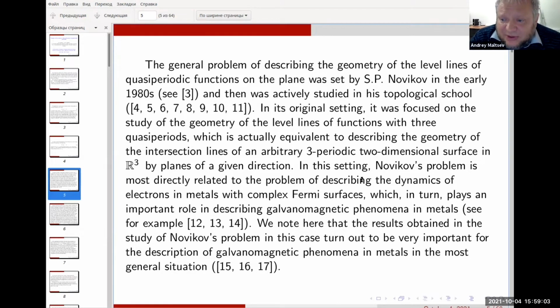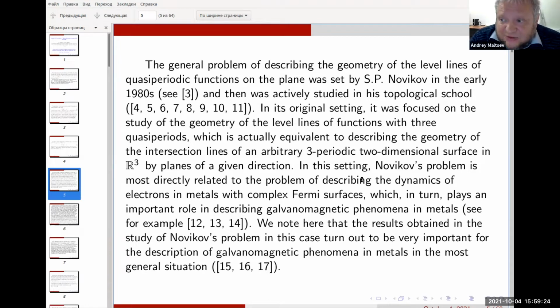Actually, 3-periodic potentials are very important also from another point of view. This problem was set by Novikov first in connection with another problem, the problem of electron transport in metals with complicated Fermi surfaces.